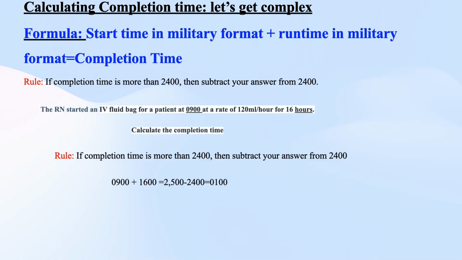So by 9 p.m. is going to be only 12 hours from that 16 hours. I'm going to still have about 4 hours remaining to complete this infusion. So in 12 hours, 9 p.m., this infusion is not going to finish. So additional 4 hours is going to now go into 1 o'clock a.m. for the infusion to finish running.